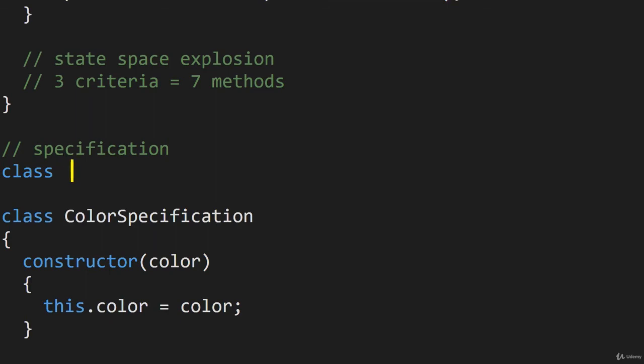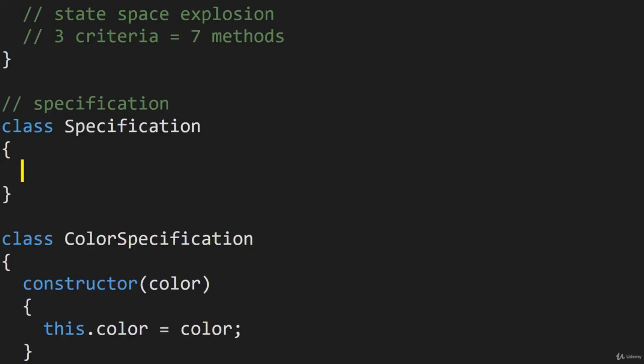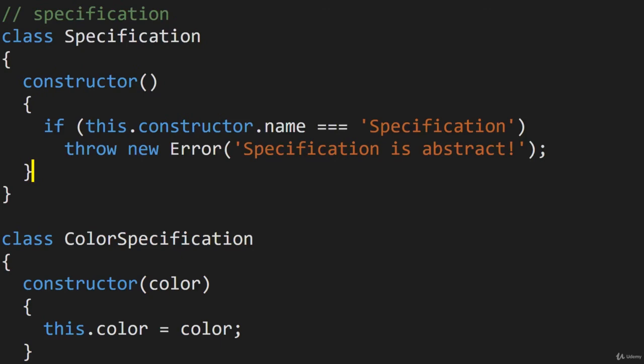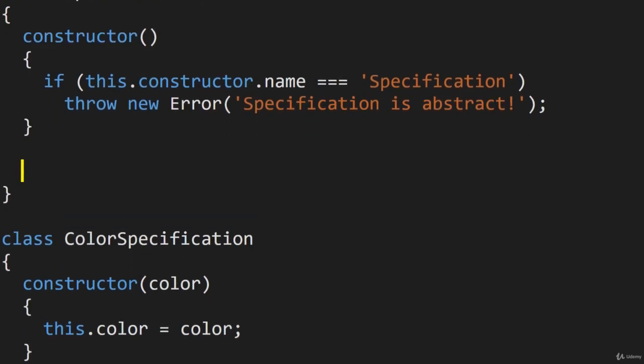You would have some kind of abstract class called Specification. Now, in JavaScript, obviously, there is no abstract class, but you could just force it in the constructor by making sure that if somebody calls the constructor of Specification, then they get an error. And here you would specify the interface.